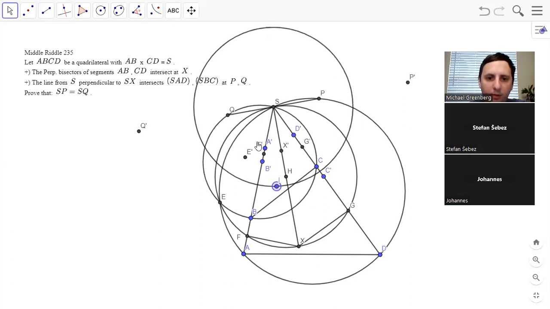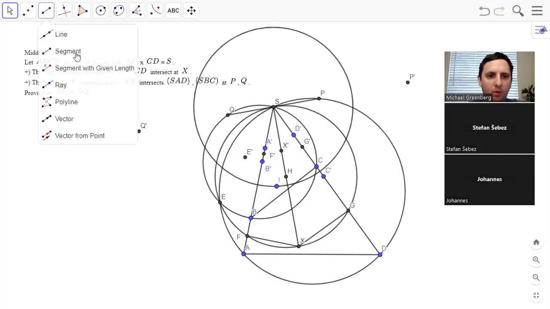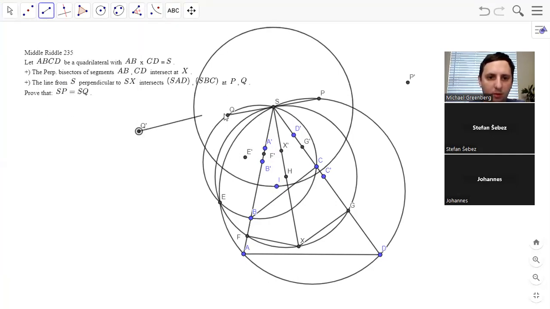Okay, so we just need to figure out what's going on now. We have that C prime, B prime, and E prime are linear. That is obvious when a circle inverts to a line. Also, you don't need that segment. E prime, A prime, D prime, and E prime, F prime, G prime, those three are all collinear.